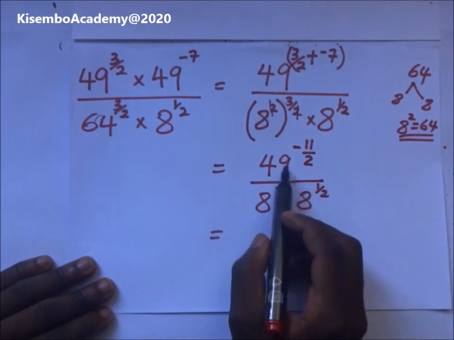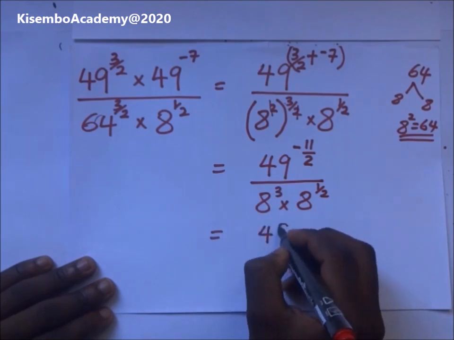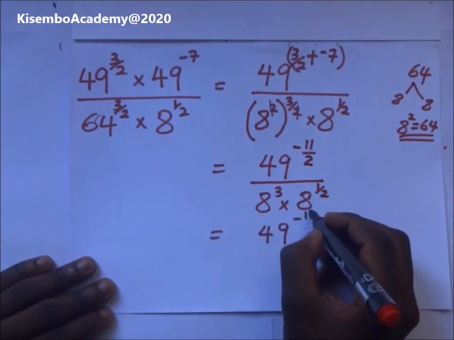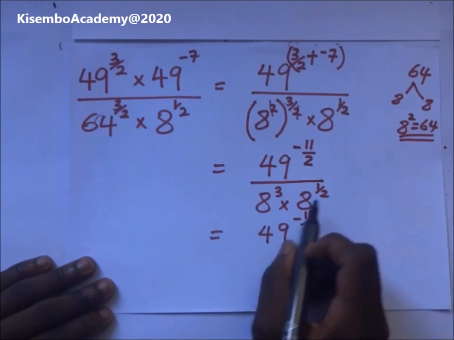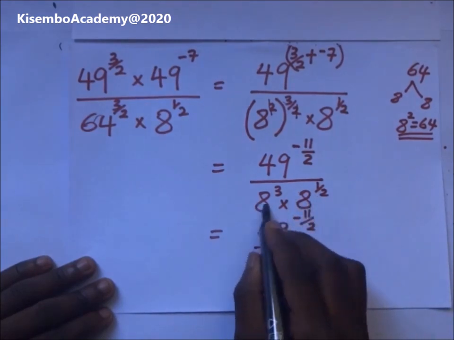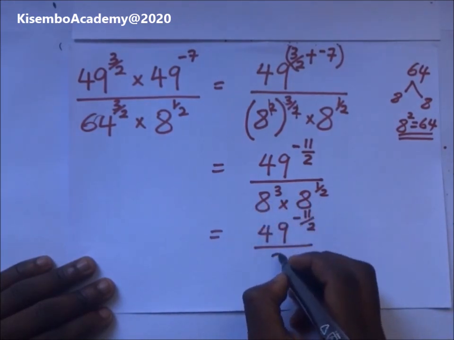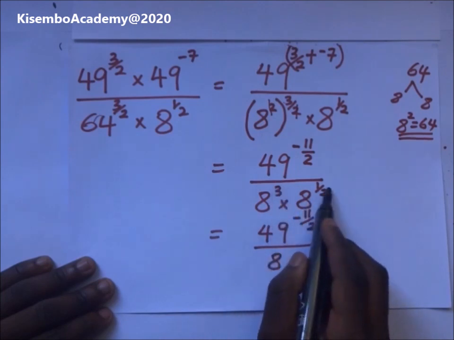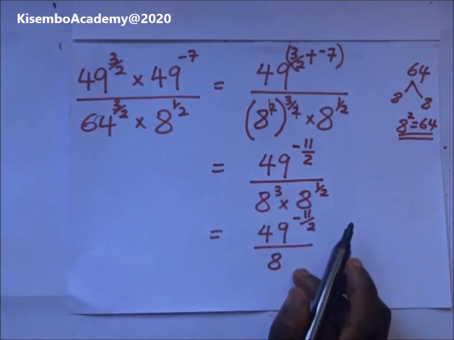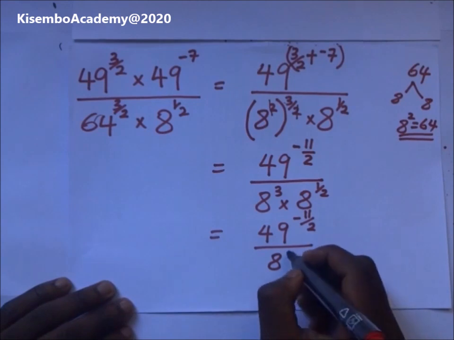So this is going to become 49 to the power negative 11 over 2. Divide all that by, now the same base, 8, and then you add the powers. 3 plus a half is going to give you 7 over 2.